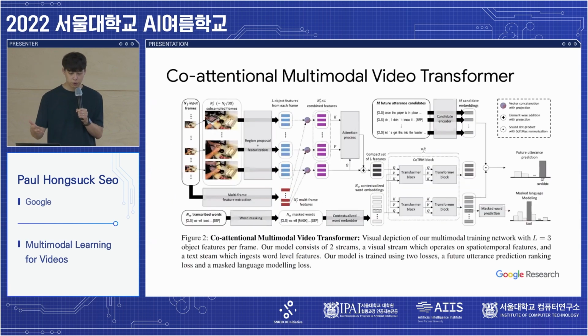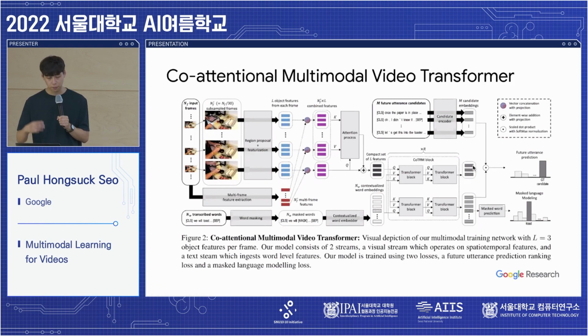This is our proposed model. Our model is not fully transformer based. The visual encoders are CNN based, and we also use object detectors, and then we use BERT for text encoding.